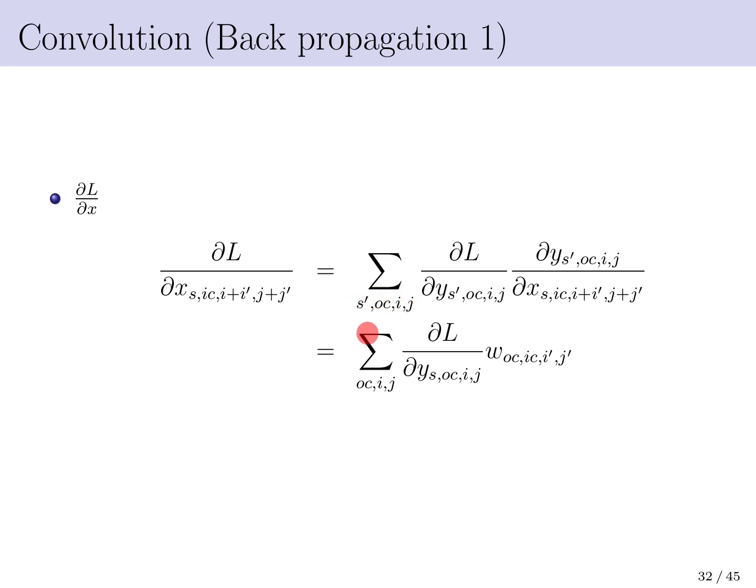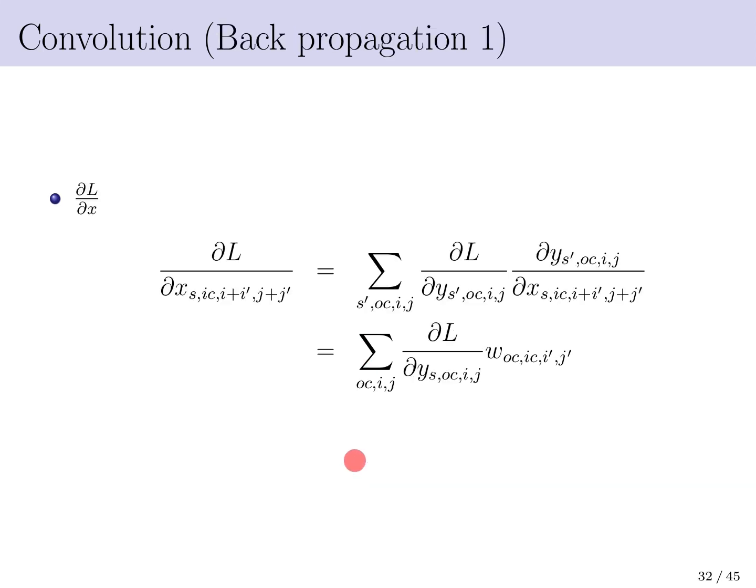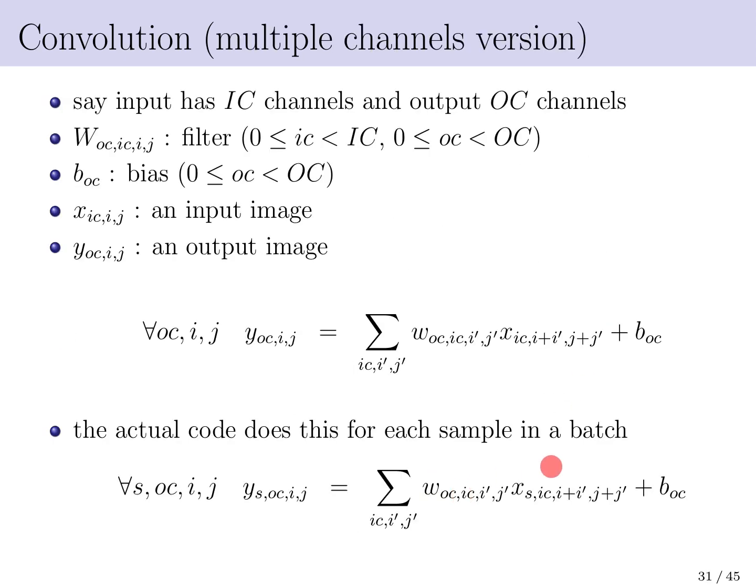So because y is indexed by these four indexes, we are taking the sum over all the four indexes, right? And this is the y variable corresponding to a particular index here. So this is purely applying the chain rule, and you simply compute this part by looking at this connection between x and y.